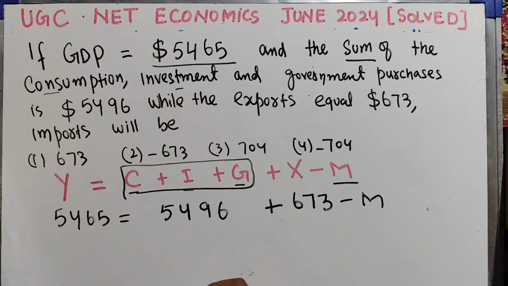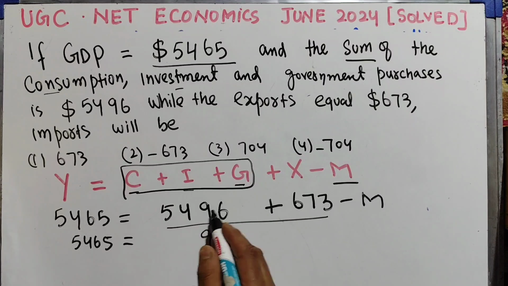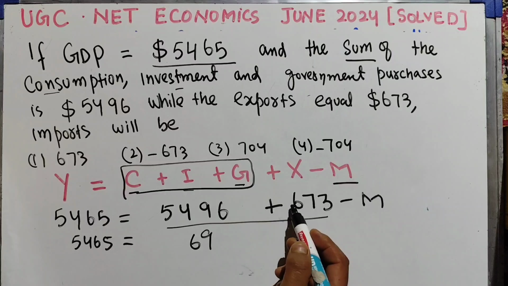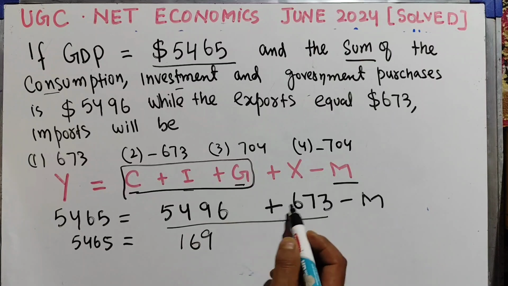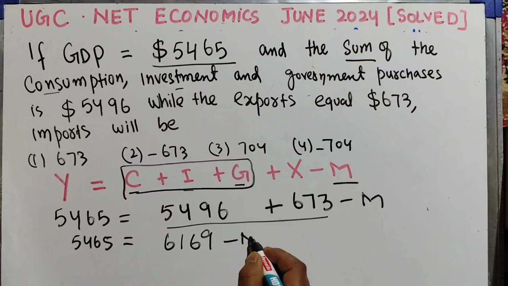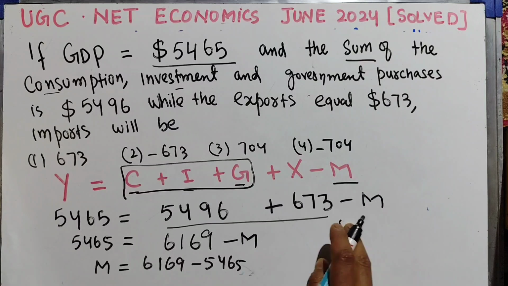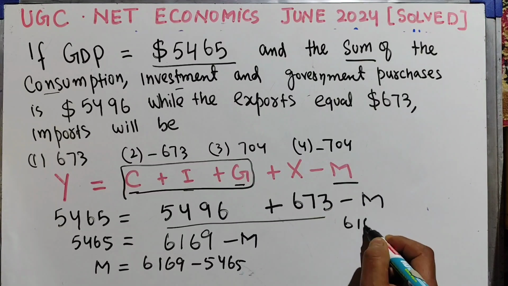Now let's do some calculation here. So let's first write 5,465 is equal to, so let's add these two terms. So it becomes 6169 minus M. Solving for M, transposing M here, it becomes positive and we get 6169 minus 5,465.